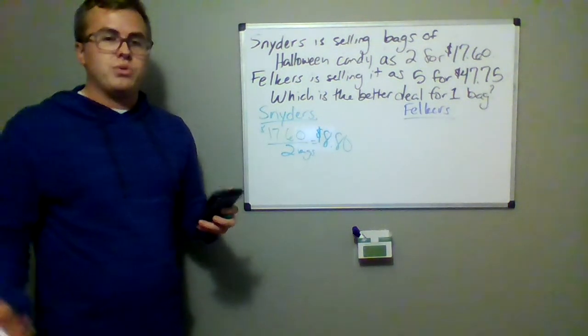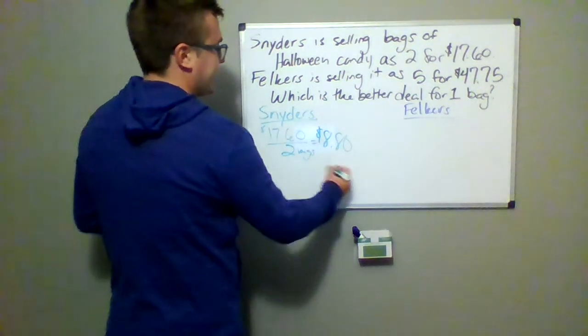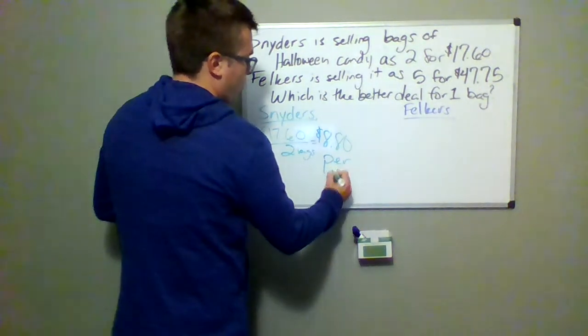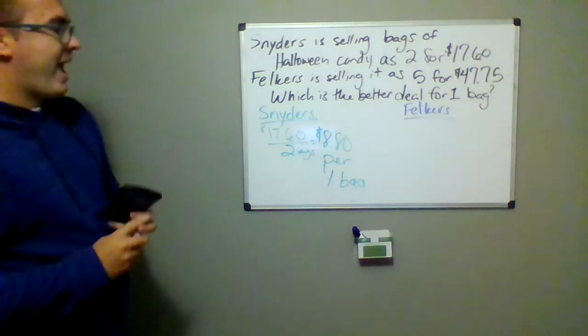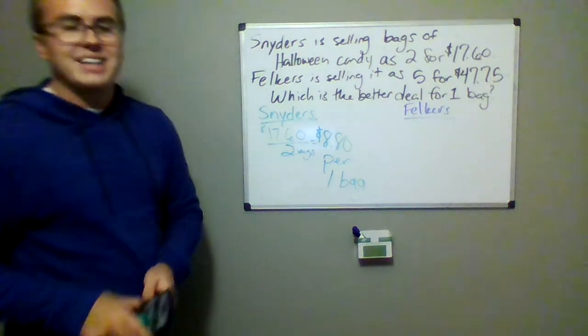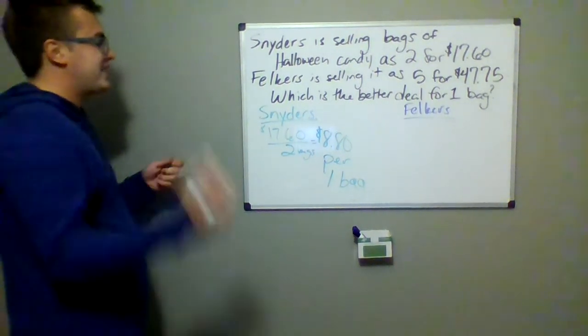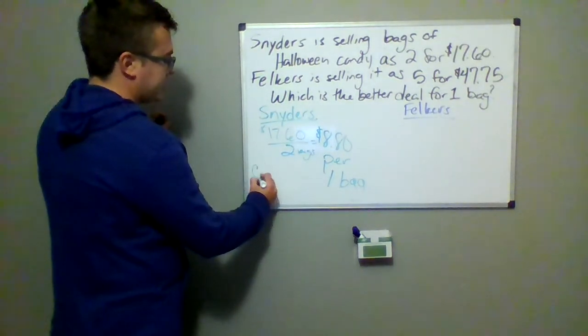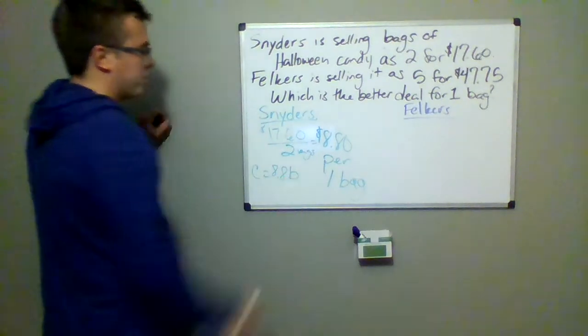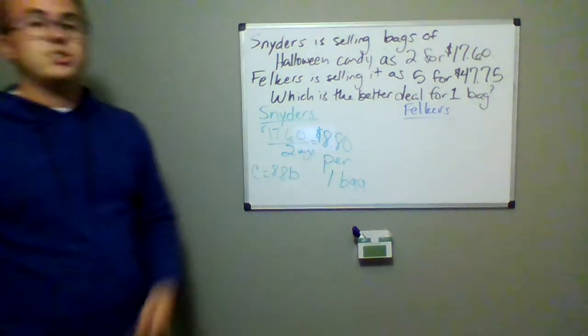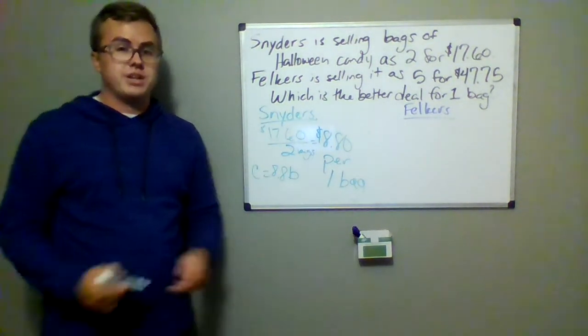Now, keep in mind, remember that's $8.80 per 1 bag. And if I wanted to write that as an equation, I would say that the cost is equal to 8.8 times the number of bags. That would be my direct variation equation.